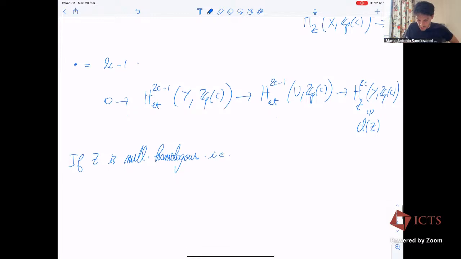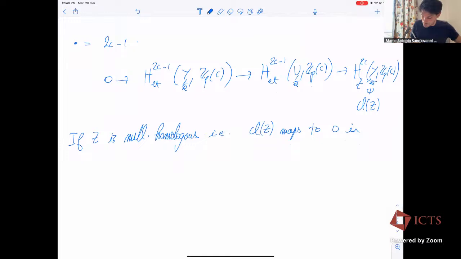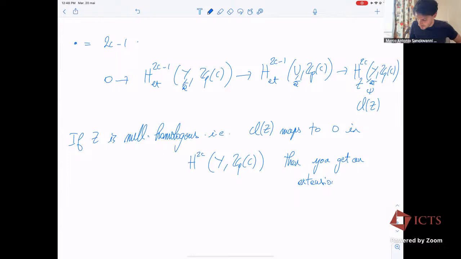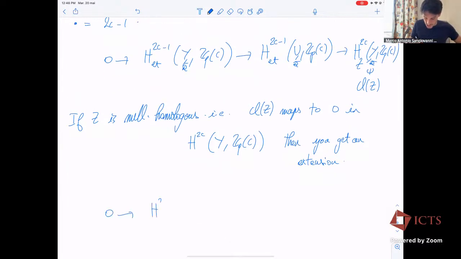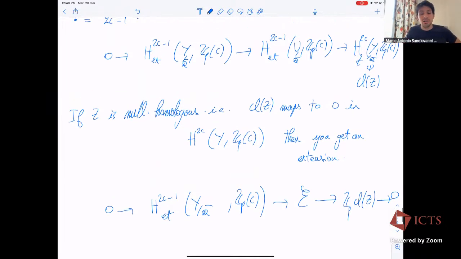Yeah, so if Z is null homologous, so this is over Q bar, i.e. the class of Z maps to 0 in H^(2c) of, again, X, Y, Z_p(c), then you get an extension which is going to look like H^(2c-1) étale of Y over Q bar, Z_p(c), goes to some E, which goes to Z_p times the class of Z. And so E is just a submodule of the cohomology of the excised variety.